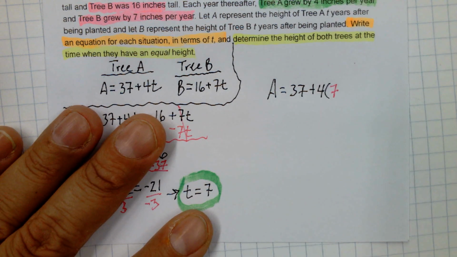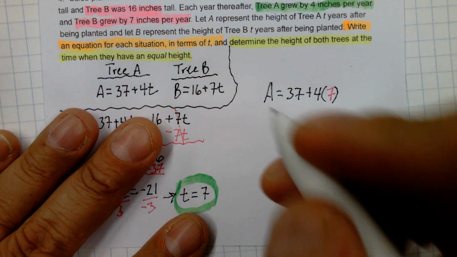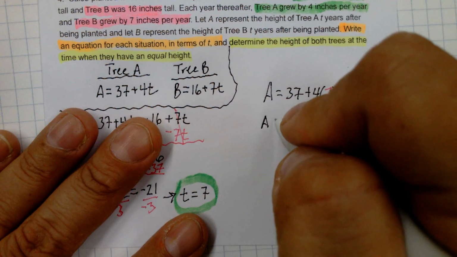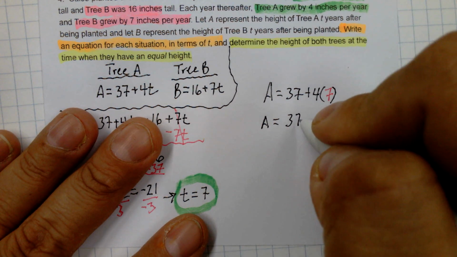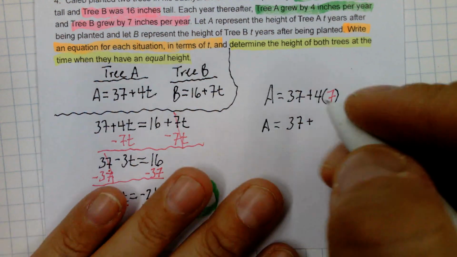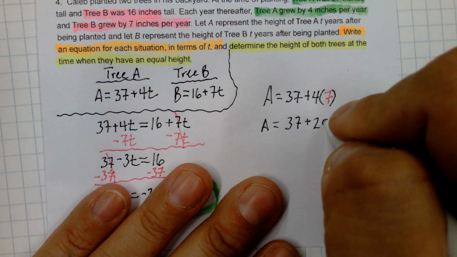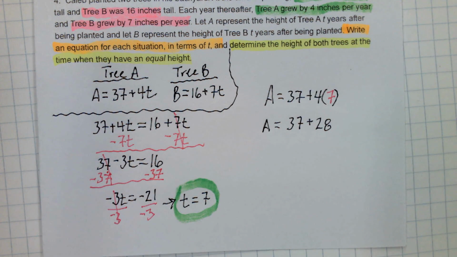So this is very much like what we did when we were solving systems. All right. So A equals 37 plus, what's 4 times 7? Okay. And now that's 65.